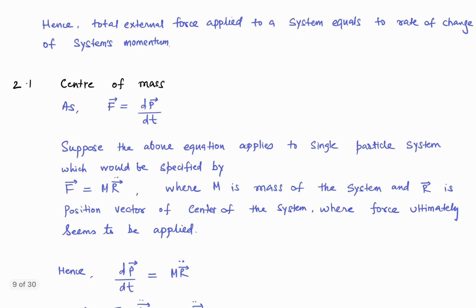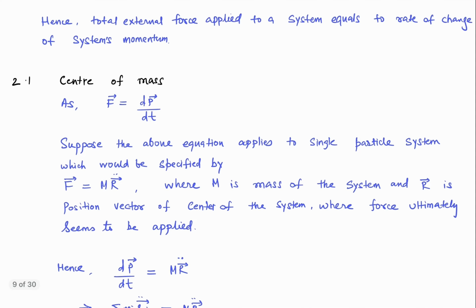Now we are going to have a little bit of understanding of center of mass. For that, again we are recalling the force, which is the rate of change of momentum of the system, and this force is obviously external force. We are not going to write it each and every time, but we should know that it is external force.